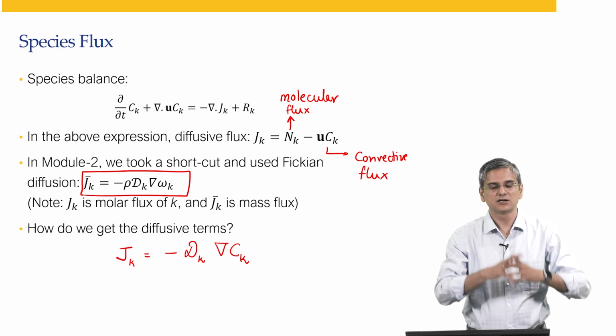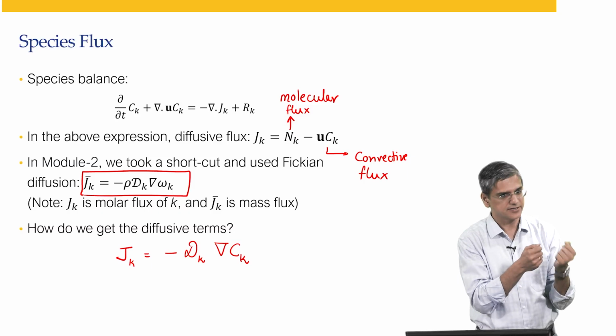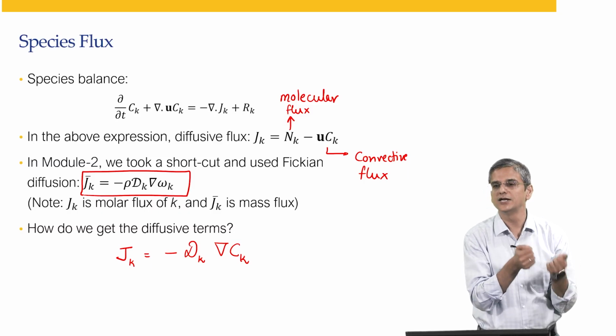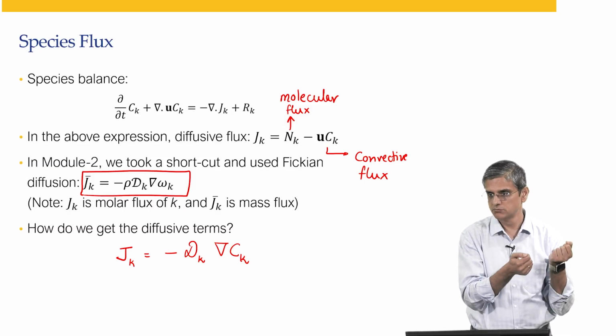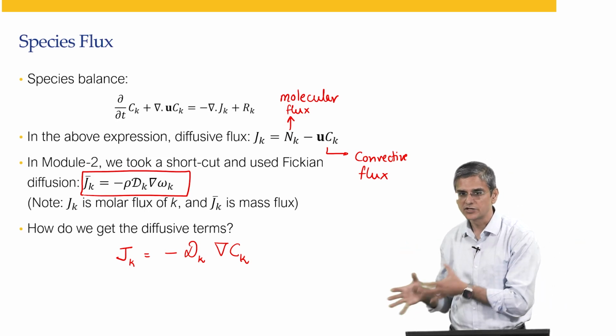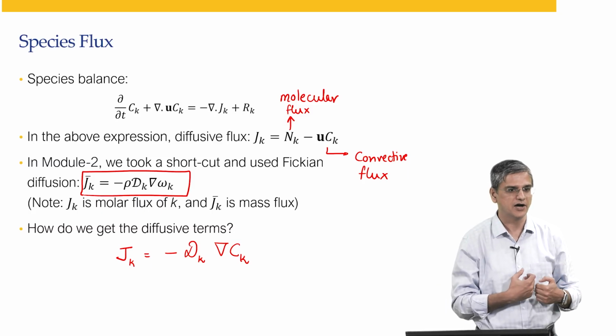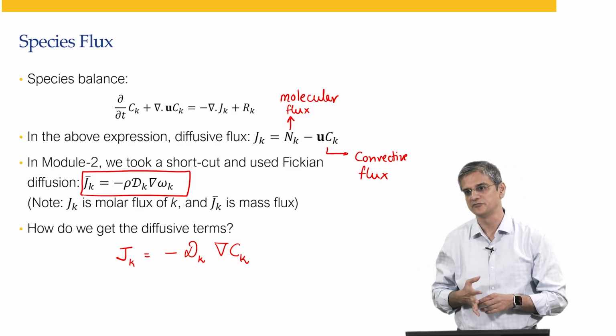But if those are molecular, you cannot track individuals, you can only track the average motion. That average motion is the convective part. The difference between the individual motion and the average motion is the diffusive part.